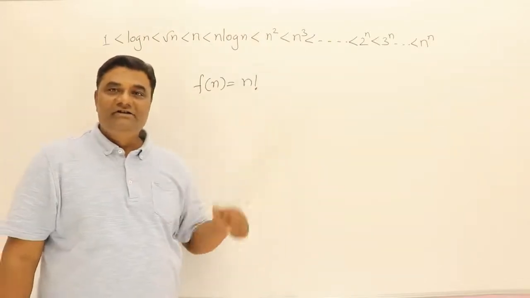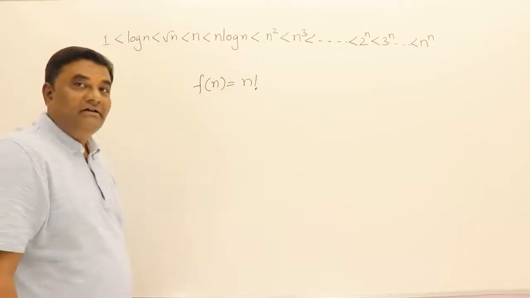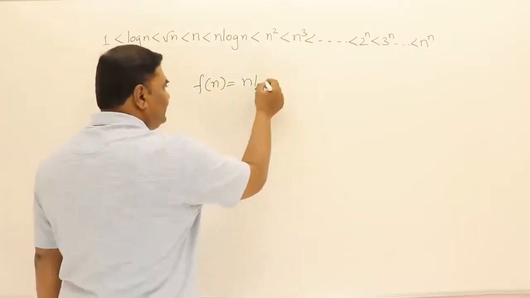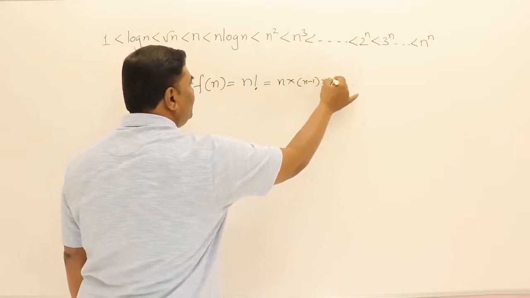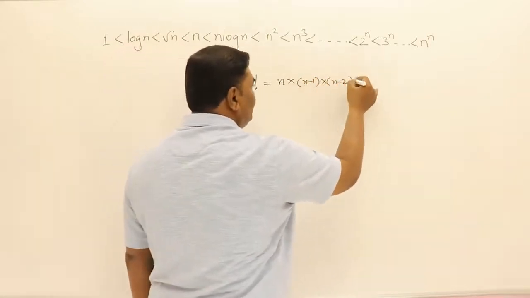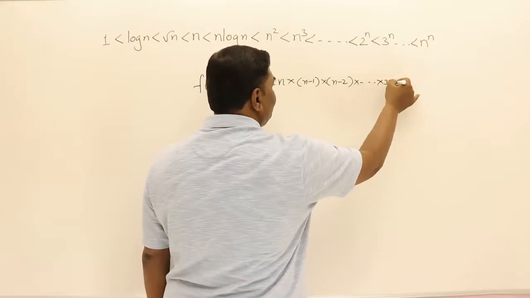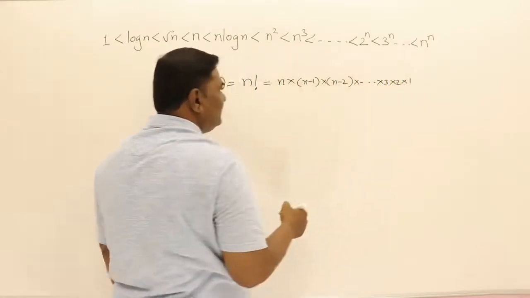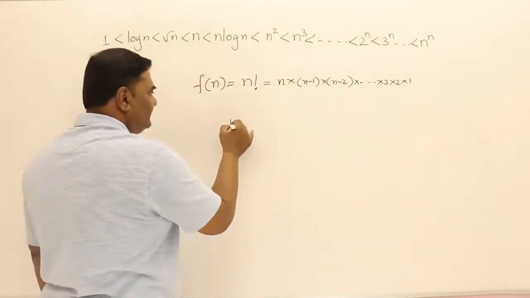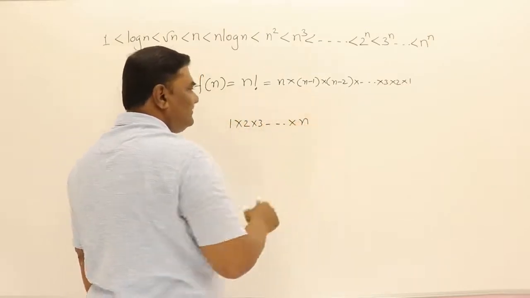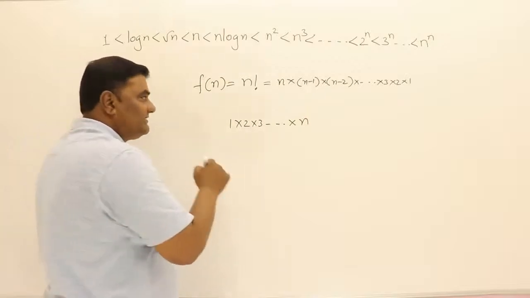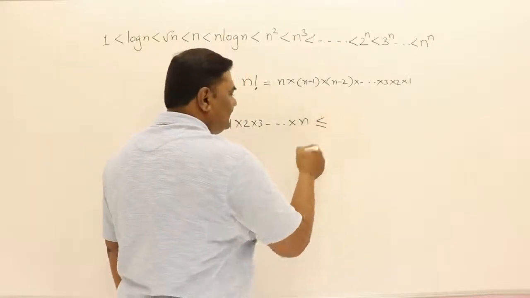Next, if a function is n factorial, then let us see. n factorial is nothing but n into n minus 1 into n minus 2 and so on, down to 3 into 2 into 1. So if I write in reverse, then 1 into 2 into 3 up to n. Now this is greater than or equal to, less than or equal to what?